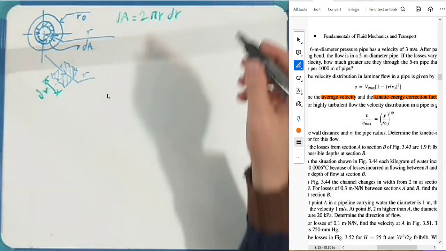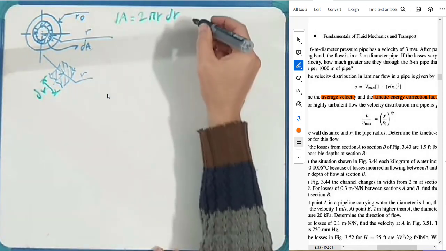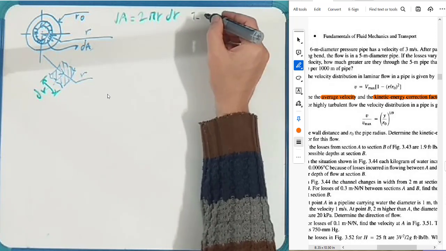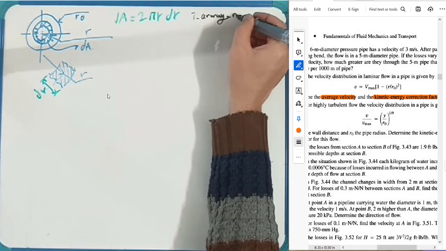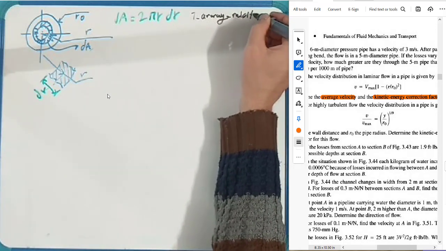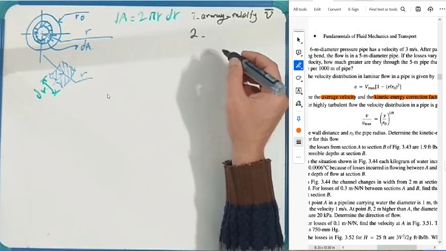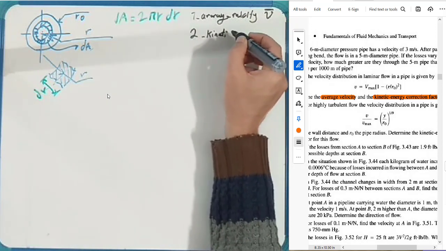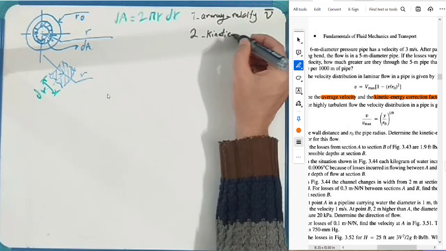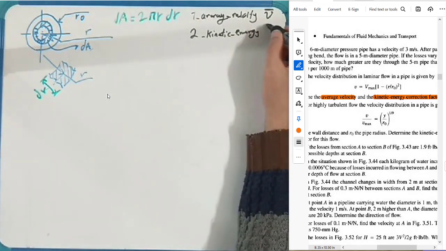We want to know first the average velocity, and second the kinetic energy factor.